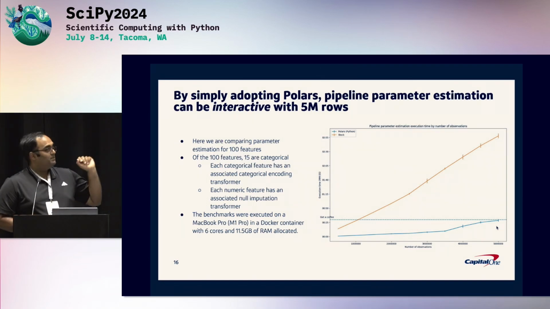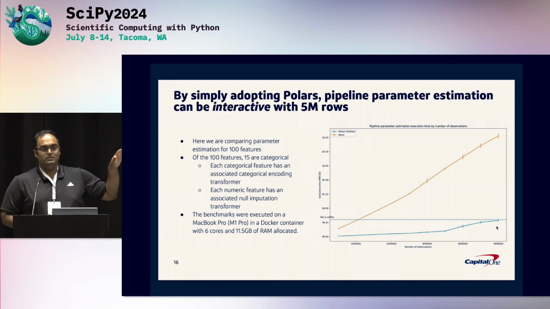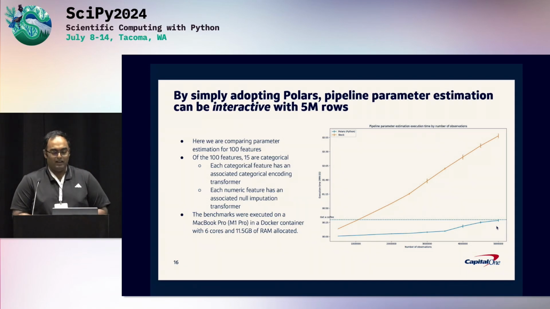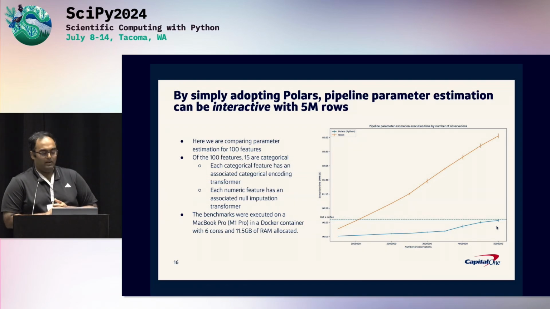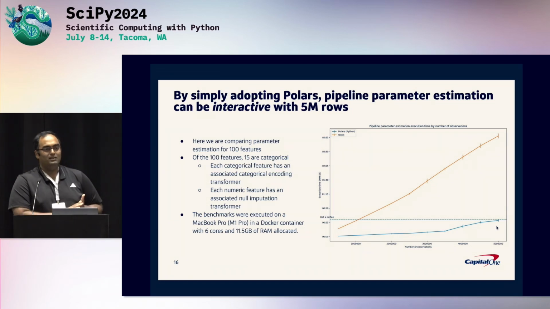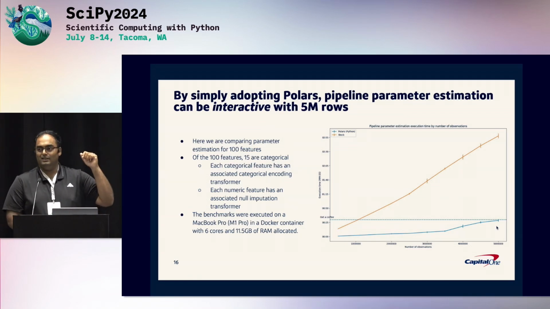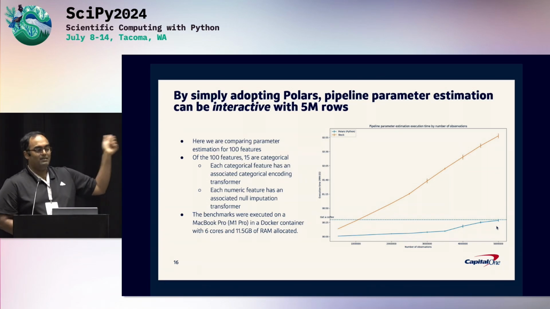So by simply adopting polars, pipeline parameter estimation, so the fit on your scikit-learn pipeline, is much, much more performant than our stock package with pandas. So we are seeing a massive benefit just from going to polars and not really thinking about Rust. But we do know in the back of our mind, when we're writing these loops and longer running code, that Rust can be transformational.